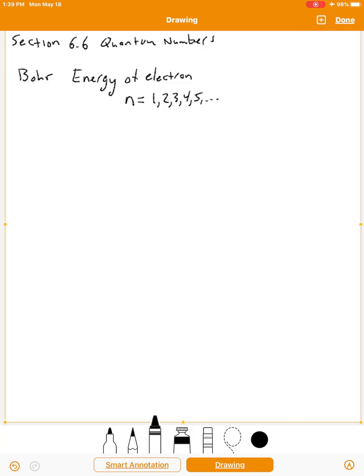Whole numbers, counting numbers from 1 to infinity. That's a quantum number. But it turns out that Bohr's model was limited in terms of its scope.